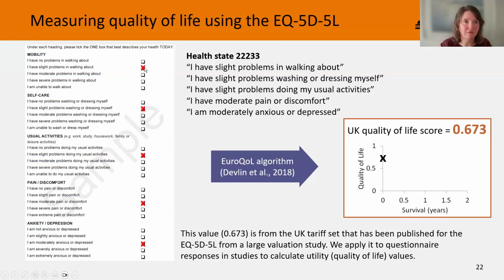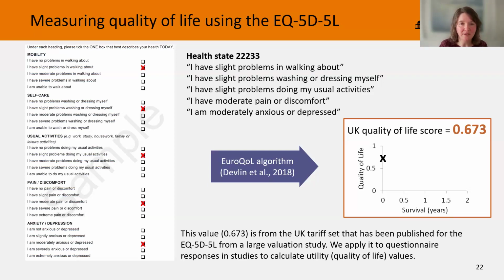So this health state with the red crosses marked here can be described according to just the vignettes of text that you've got here. So slight problems walking about, slight problems washing or dressing, and so forth. Slight problems with usual activities, moderate pain or discomfort, and moderately anxious or depressed, because these ones down here are ticked at box number 3. Then you put these 5 responses into an algorithm, and it spits out a number.